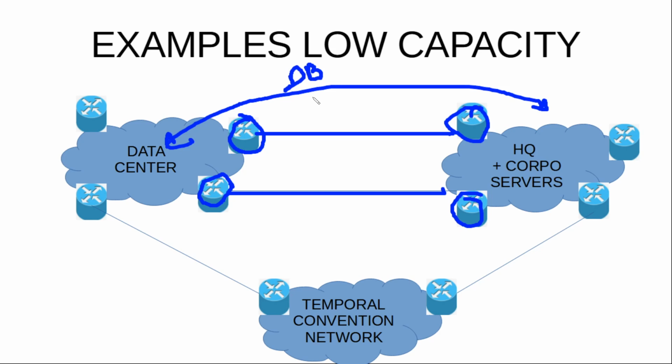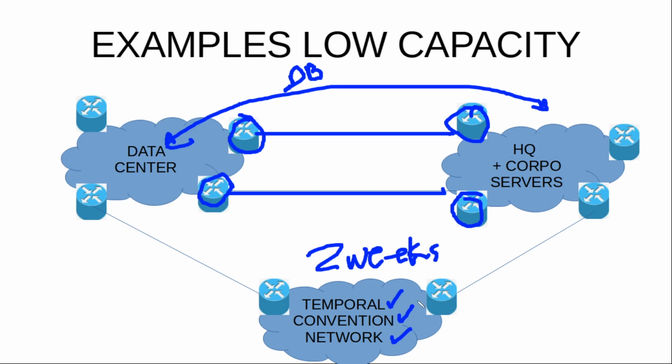And then you need to set up a new network, a temporary convention network, because this company has to show the products. This temporary convention network only needs to work for 2 weeks.